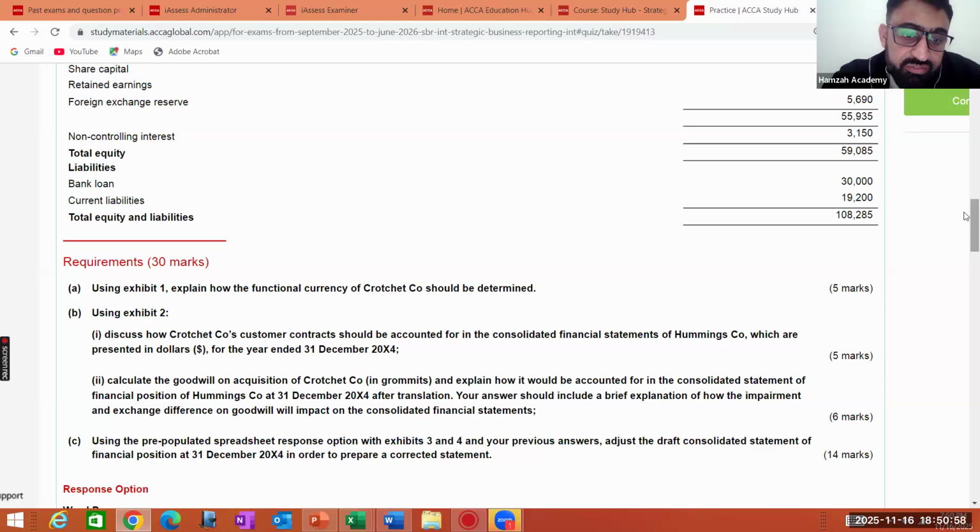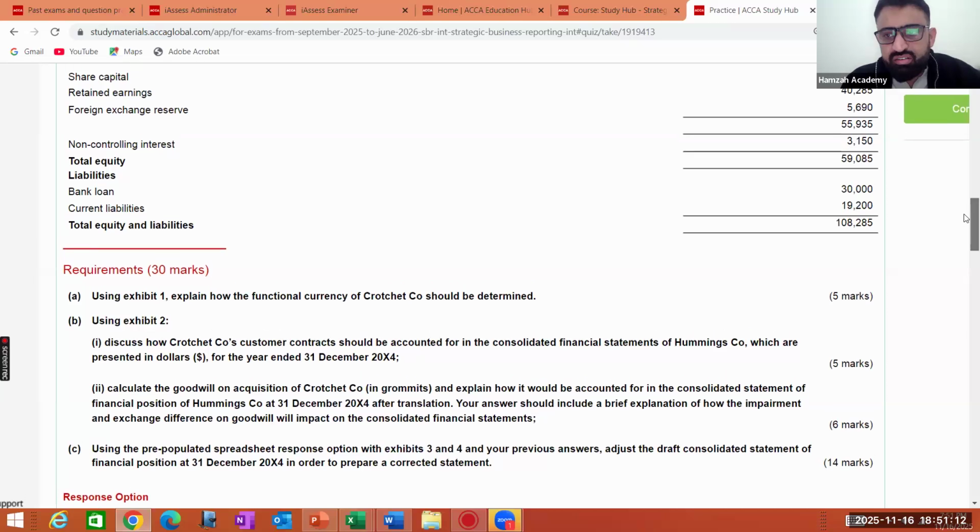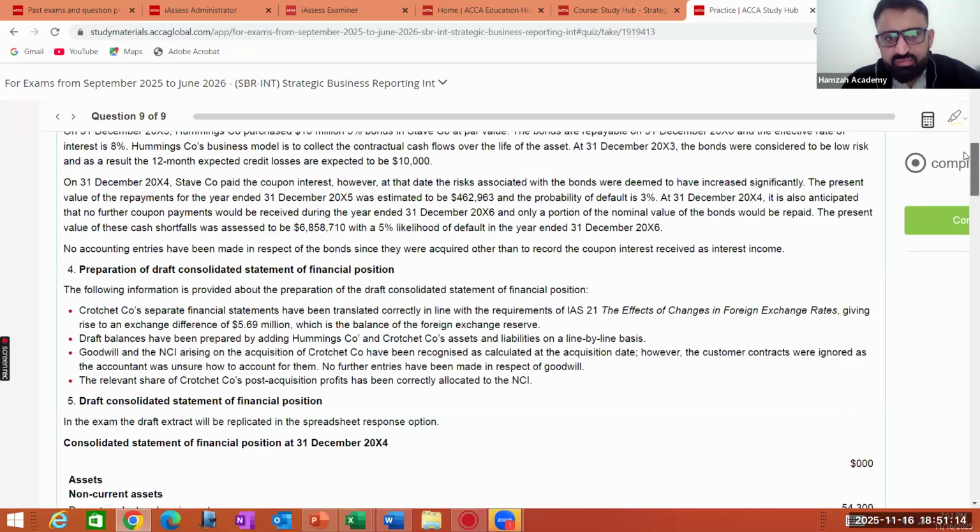Now, the C company functional currency is grommets, but the group presentation currency is dollar. So, how should the customer contract be accounted for in a consolidated financial statement?